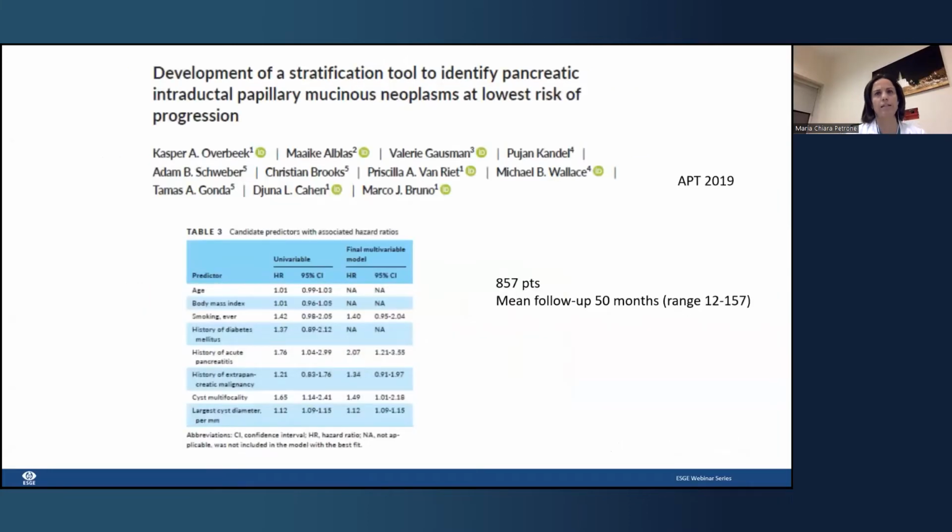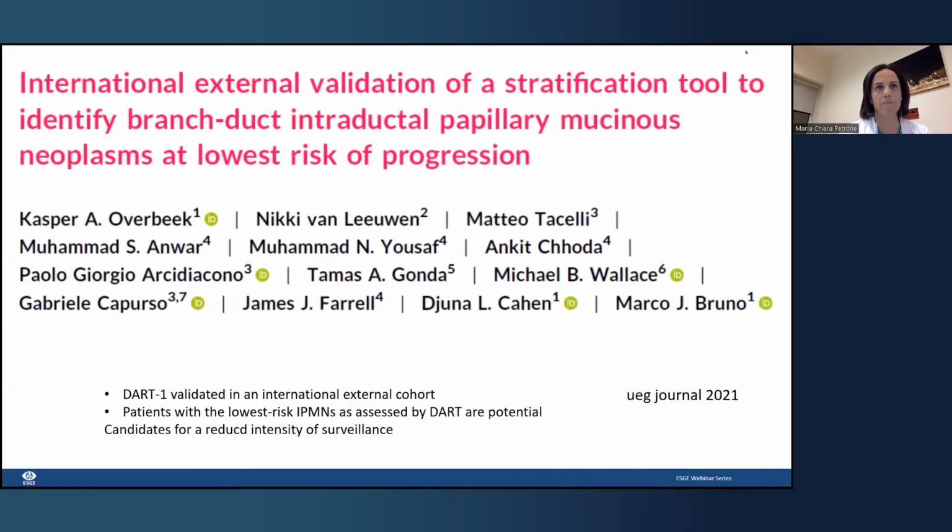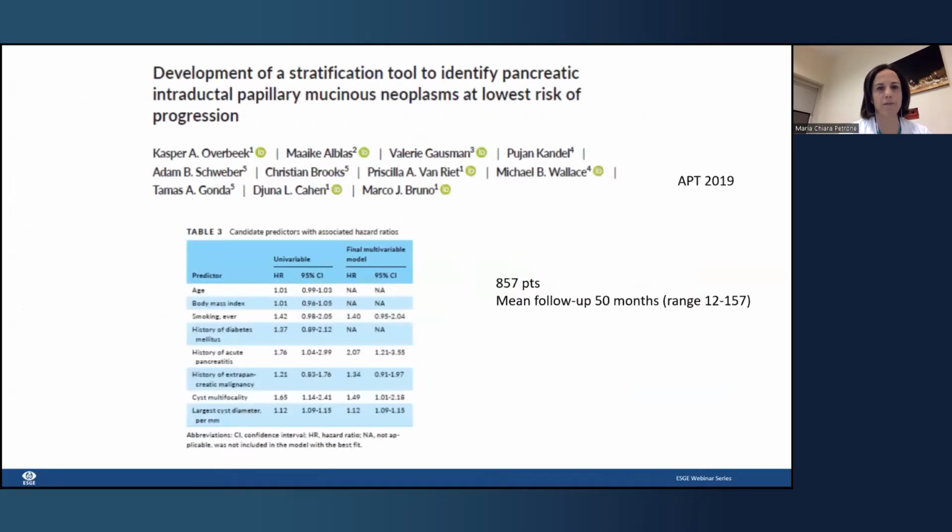And finally, I would like to show you this. This paper is a multi-center international study where the authors described the development of a prediction model that does not focus on identifying IPMN at high risk of malignancy, but on those at low risk of progression.